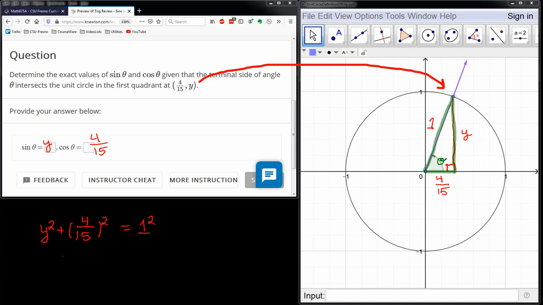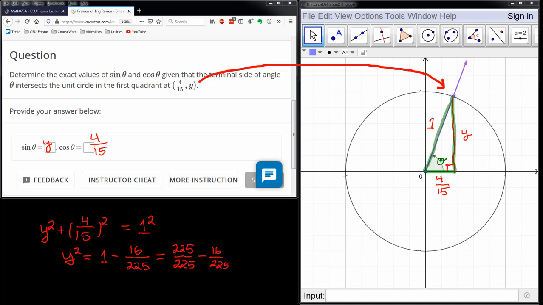So y squared is equal to 1 minus, well, let's think about this. Can I do this in my head? I think I probably can. 4 squared is 16, and 15 squared is 225. So it's 1 minus 16 over 225. I can simplify that some more, because 1 is the same as 225 divided by 225, minus 16 over 225.